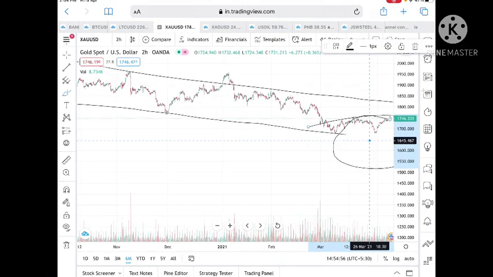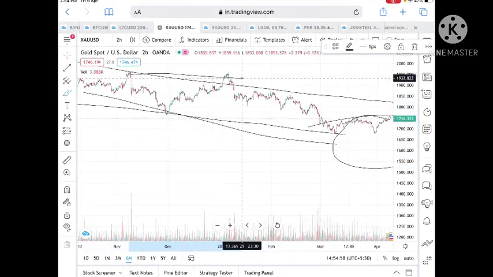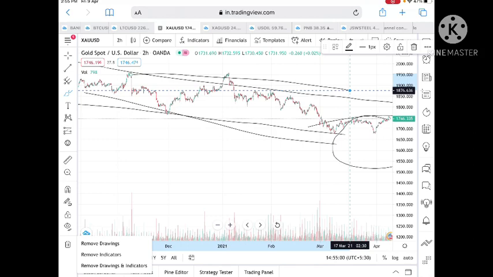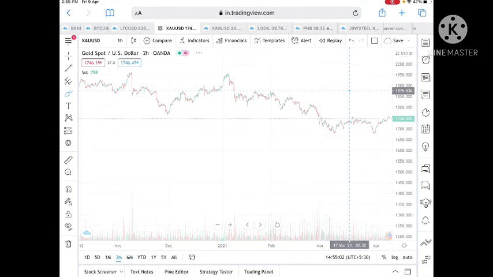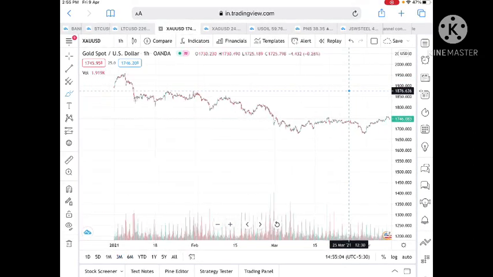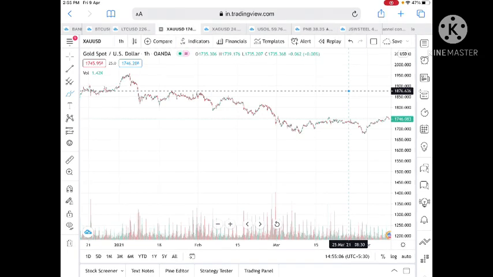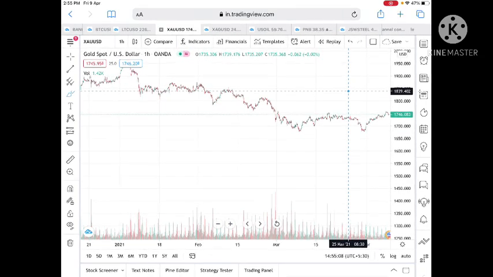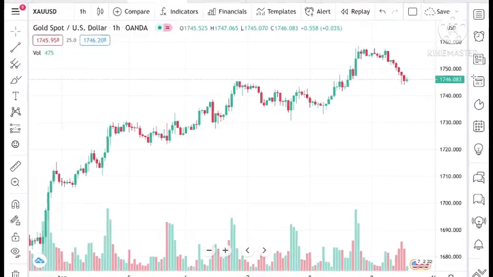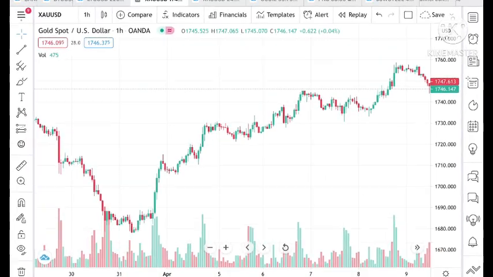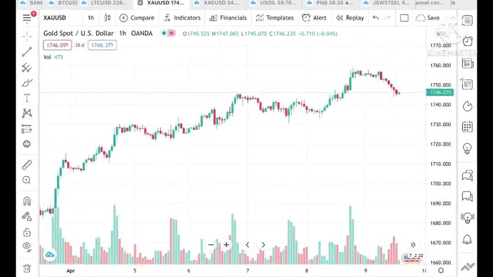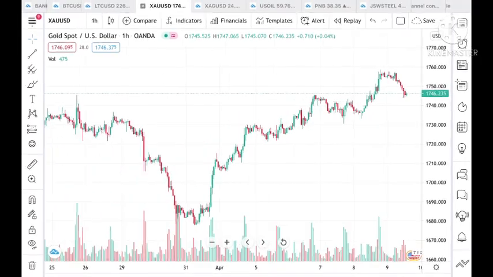Okay, I'll show you one more, the 3 months chart. See, look at this, the trend: it made a new low, a month's low, and from there it is moving upside.